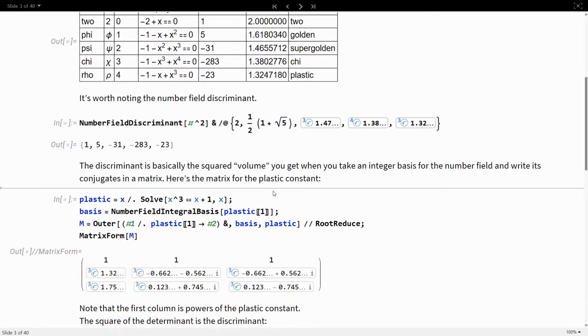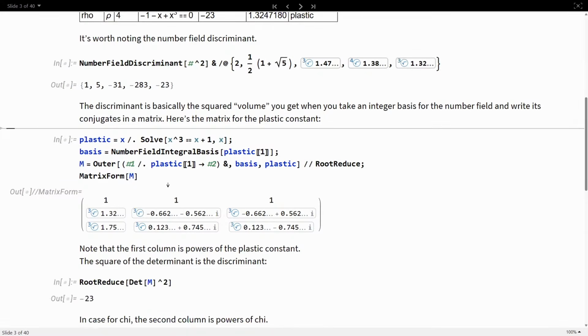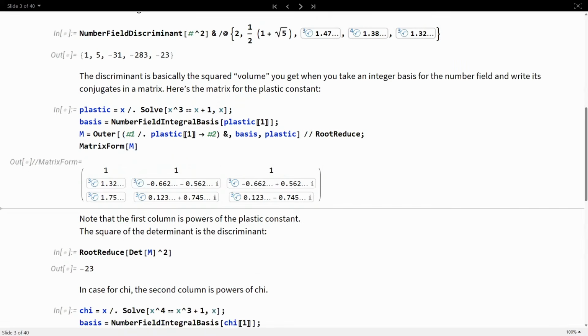And these are basically the squared volume you get from the polynomial. So here's one way of setting that up. We've got this root here, and we set up an integral basis for it, which is something I don't completely understand, I'll admit. And when we do this matrix and take the determinant, we get minus 23.